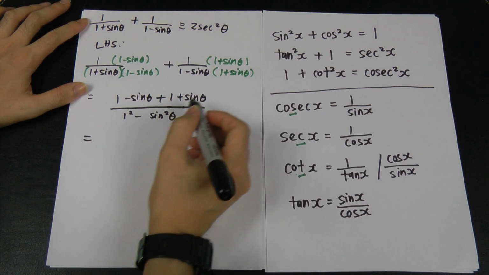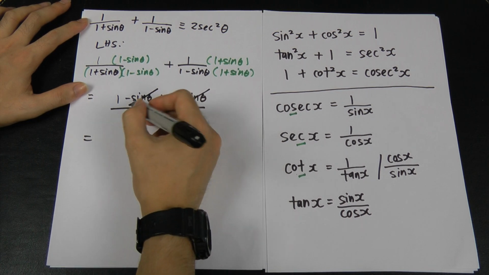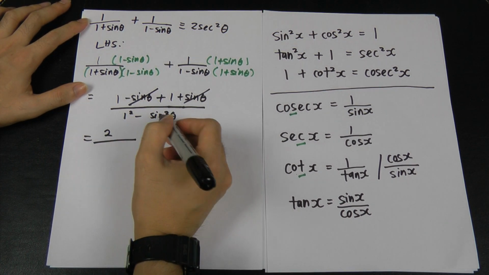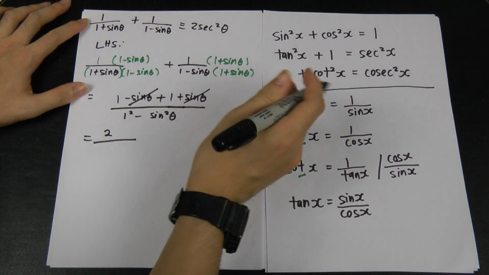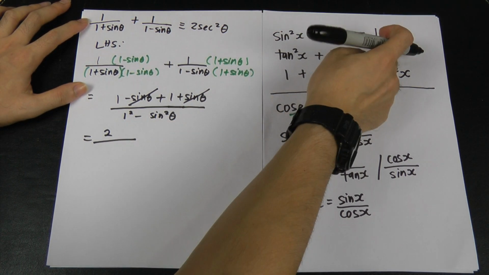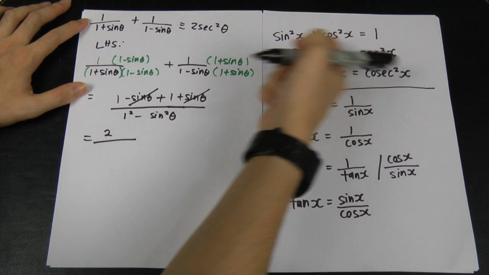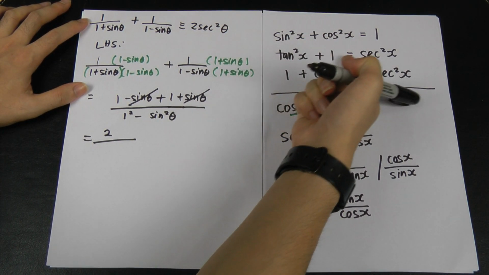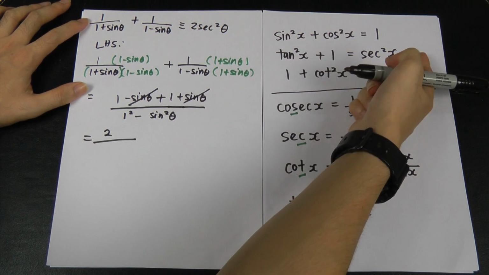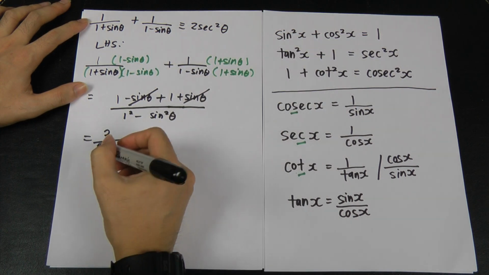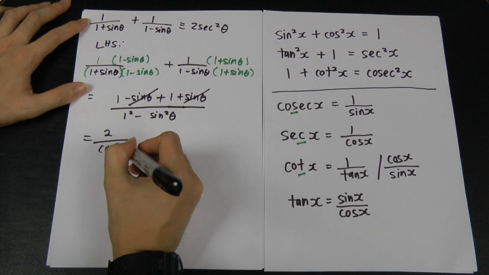Then sine theta minus sine theta is gone, and you're left with 2 on the top. For the bottom, 1 minus sine square theta, you basically move the sine square to the other side and get cos square. I get it from this formula: you can move the sine square x to the other side, you get 1 minus sine square x. So 1 minus sine square basically is cos square theta.